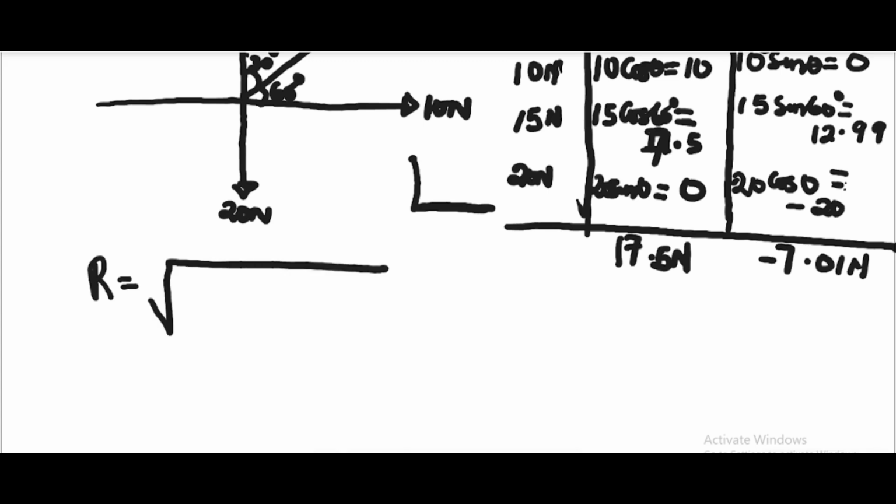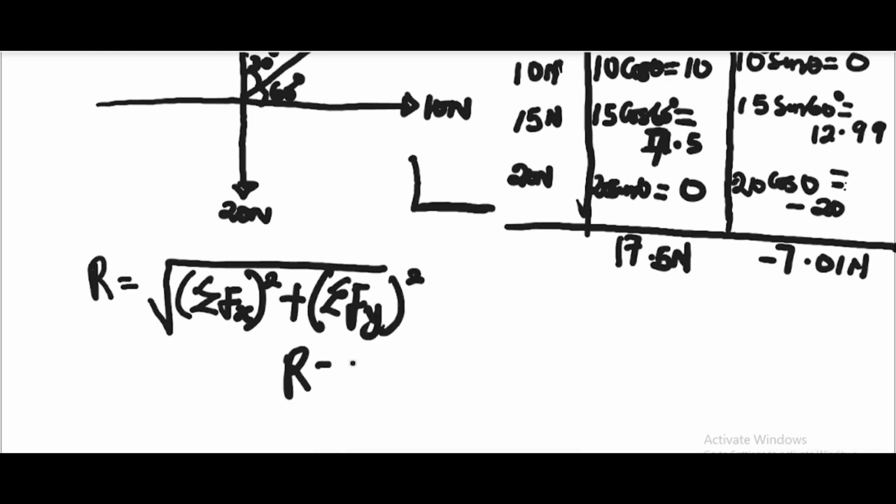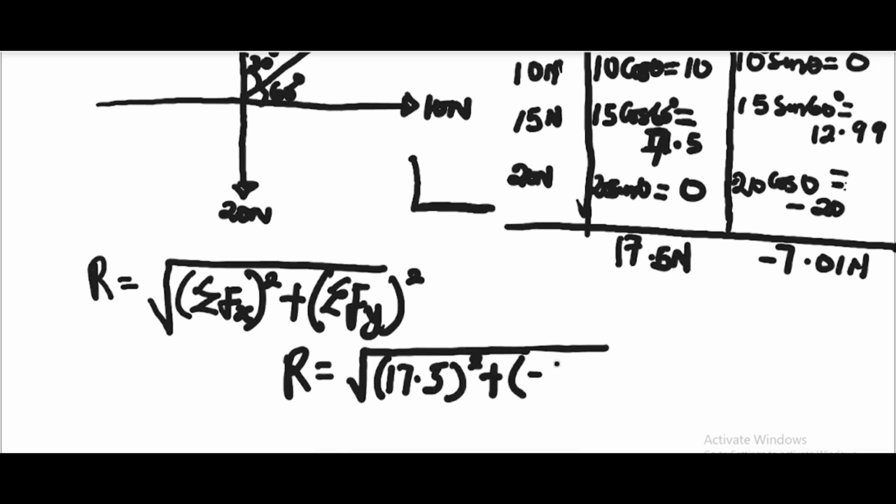Having gotten the summation of my forces, I have the resultant, which is equal to the square root of summation of forces in the x component squared plus summation of forces in the y component squared. That will give us 17.5 squared plus minus 7.01 squared.